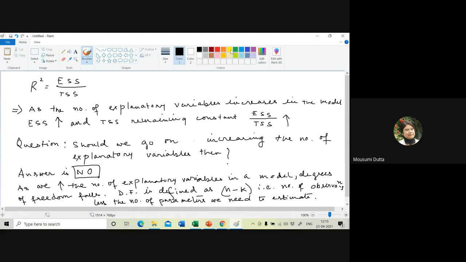For example, suppose my initial model is... okay, then according to the suggestion, I am going to increase the number of explanatory variables.